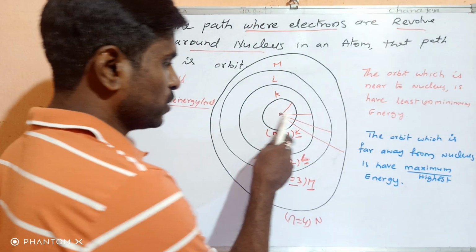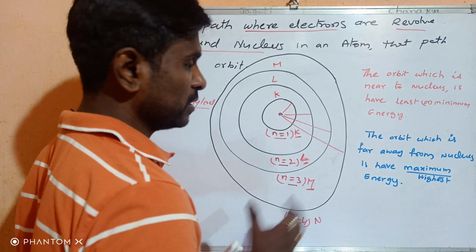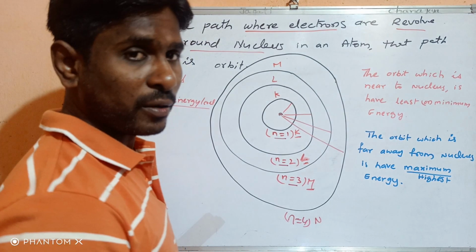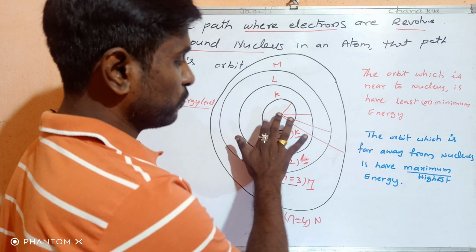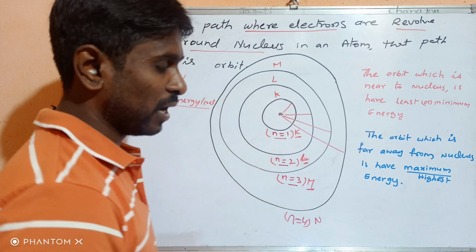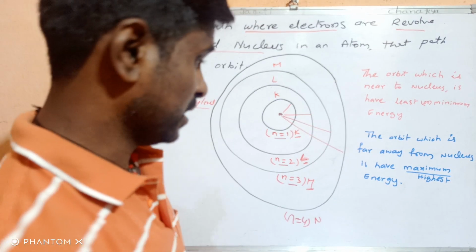The shell which is near to the nucleus has least or minimum energy. The shell which is far away from the nucleus has maximum or highest energy.